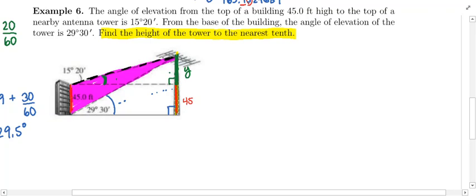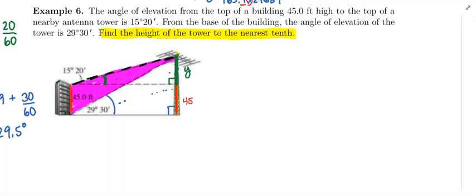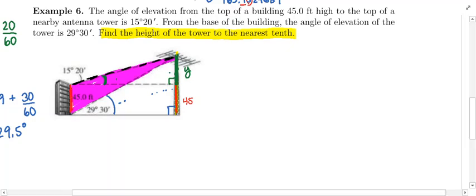If we can figure out this side, that will give us a side in the green right triangle, and then we'll be able to set up a right triangle ratio. So going forward, I'm going to use either the law of sines or the law of cosines to figure out this black side of this oblique triangle, and then I will return to the green triangle.